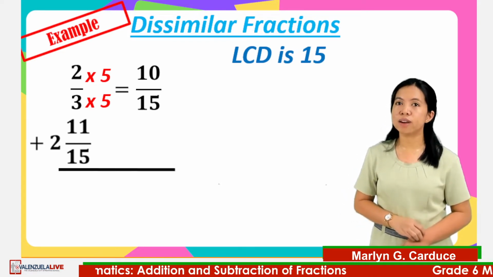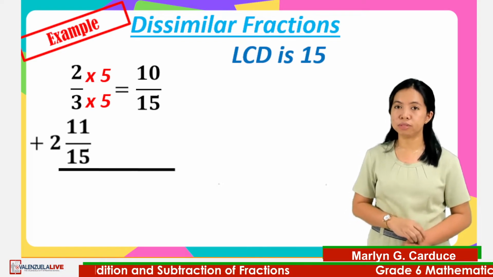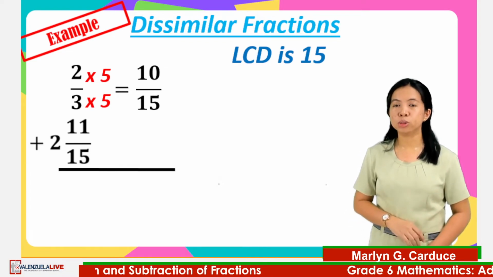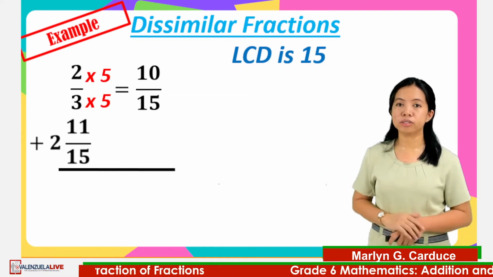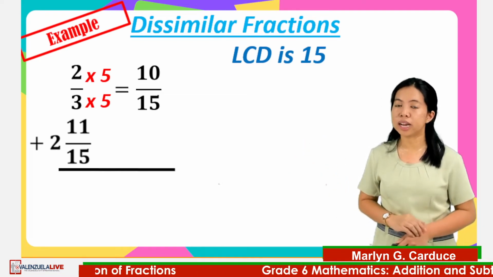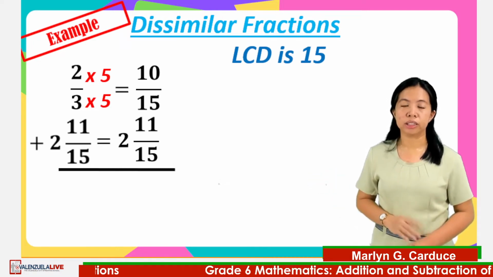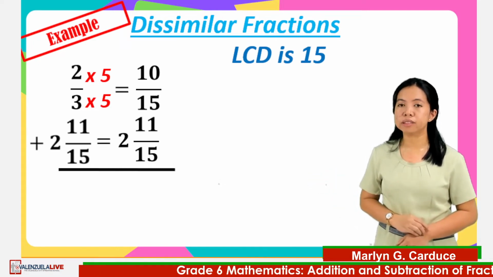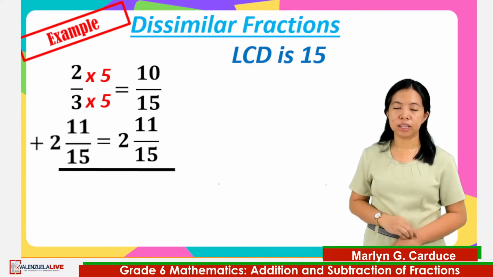So the equivalent fraction of 2/3 is 10 over 15. While for 2 and 11 over 15, since its denominator is already 15, there is no need for us to change it or to rename the fraction. So we will just leave it as 2 and 11 over 15.